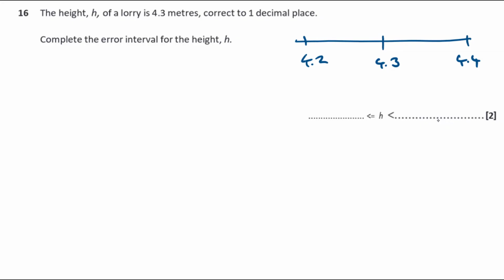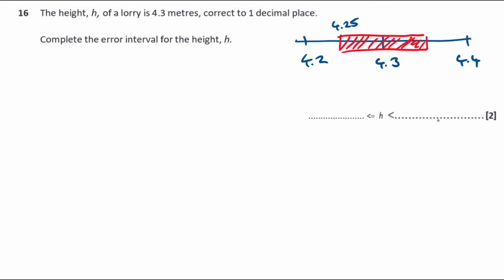Now, the numbers that round to 4.3 are going to be the numbers that are halfway between 4.2 and 4.3 or nearer, or halfway between 4.3 and 4.4 or nearer. So basically, this range of numbers are the numbers that round to 4.3, aren't they? But what number is halfway between 4.2 and 4.3? It's 4.25.